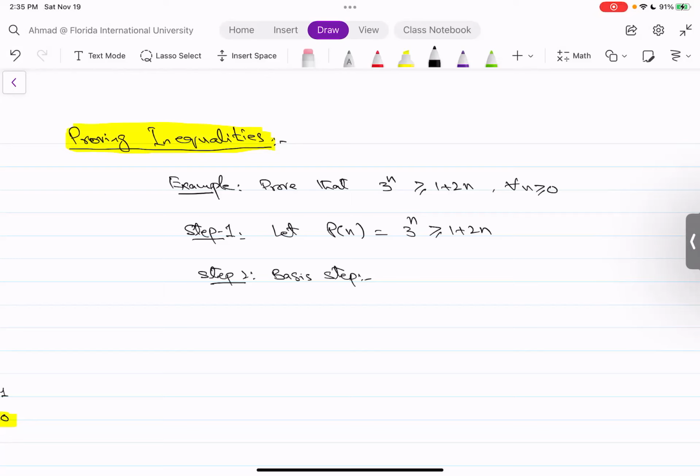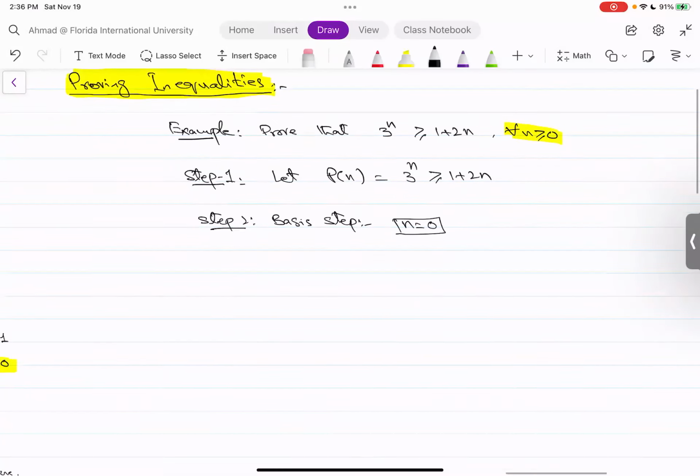What is the smallest value of n here? It is true for n greater than or equal to 0, which means I have to choose n equal to 0. If I can show that my basis step is true, then I can set up my induction hypothesis and then we can prove it.